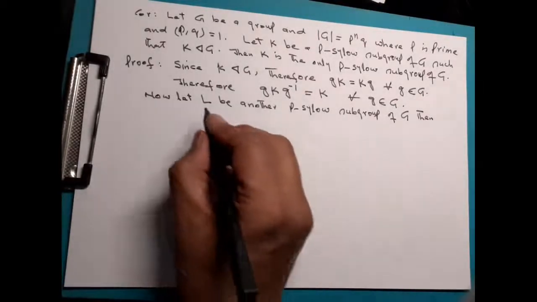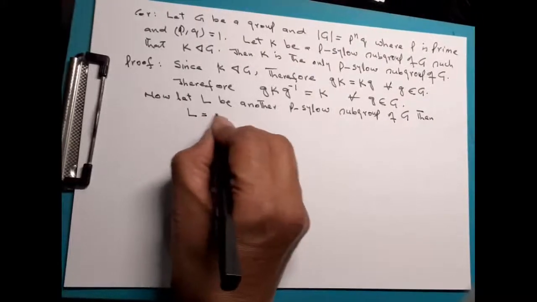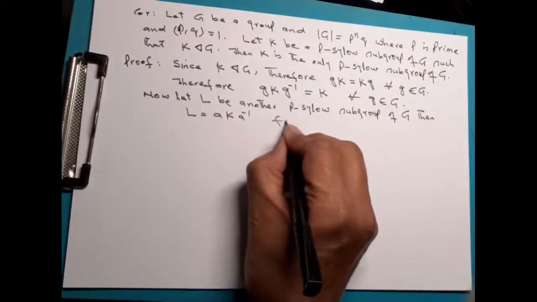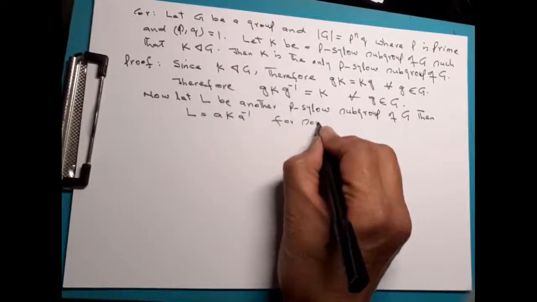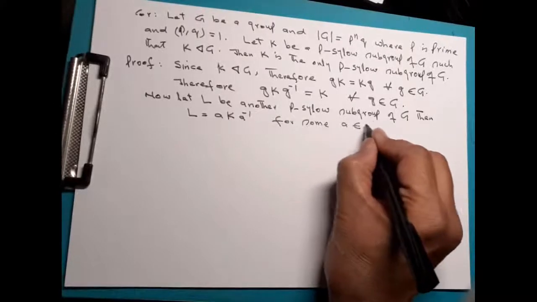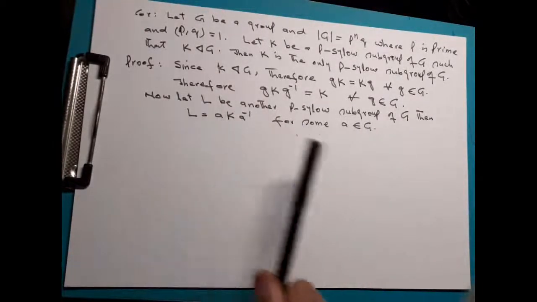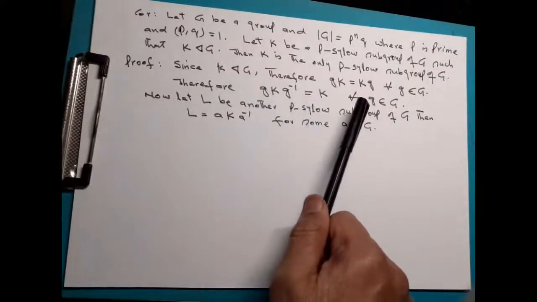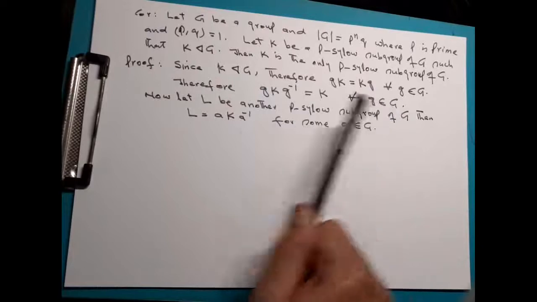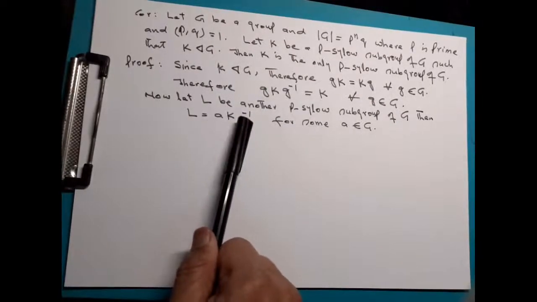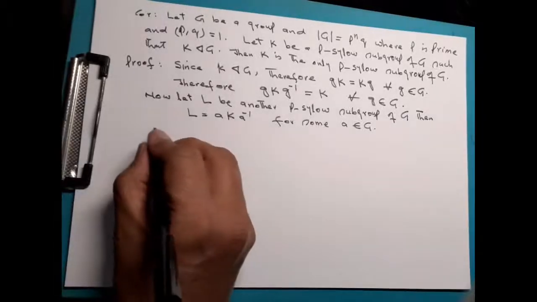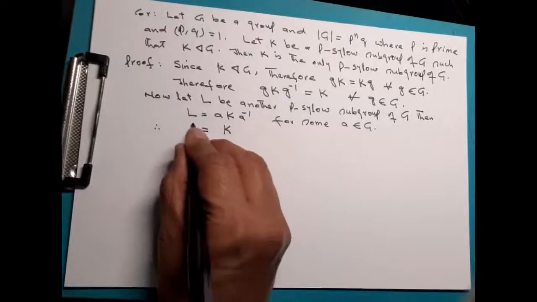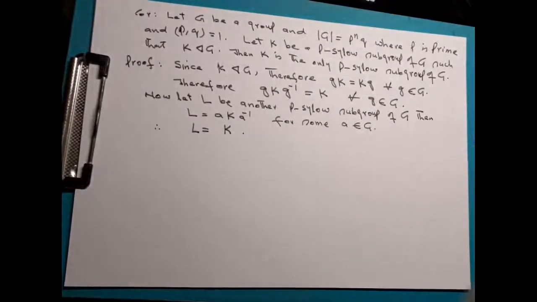Therefore, L is equal to AKA inverse for some A belonging to G. But G inverse is equal to K for all elements of G. Therefore, A inverse will be equal to K as well. Therefore, AKA inverse is equal to K and this is equal to L. So, therefore, L and K are the same.